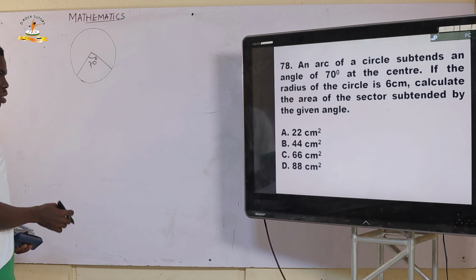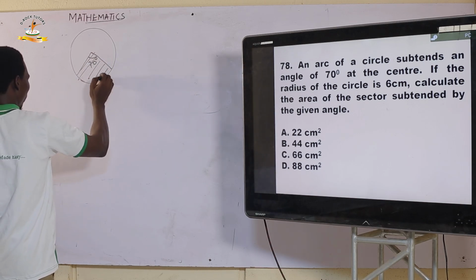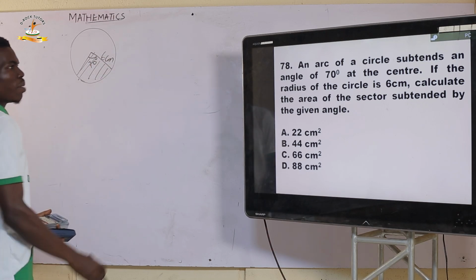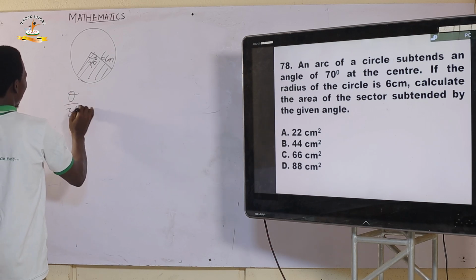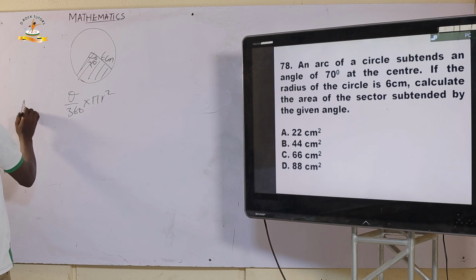So we have to look for the area of this sector, and this is the area. We know that the radius is 6 centimeters as given, and we should know that theta over 360 times pi r squared is our area of sector.